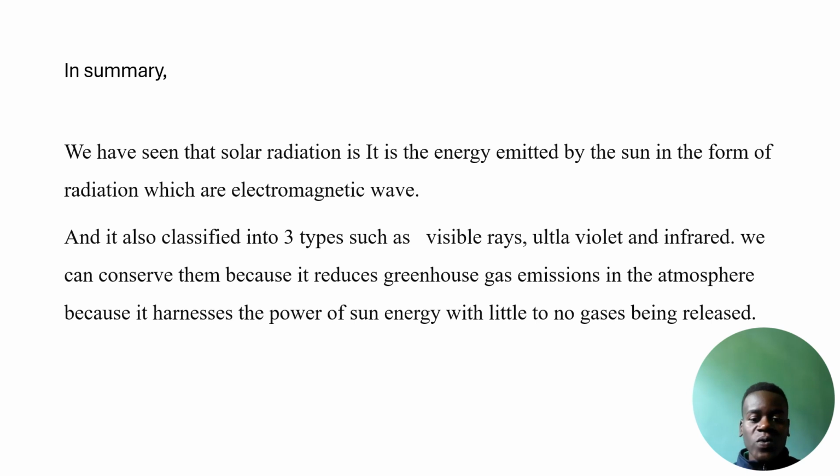So in conclusion, we have seen the meaning of solar radiation, which is the energy emitted by the Sun in the form of radiation, which is electromagnetic waves. And we have seen that it is classified into 3 types: visible rays, ultraviolet, and infrared.